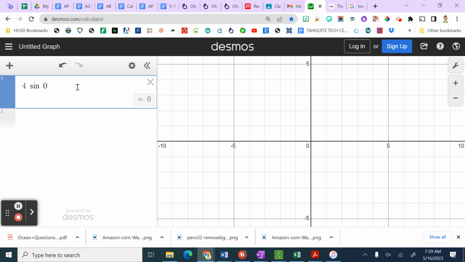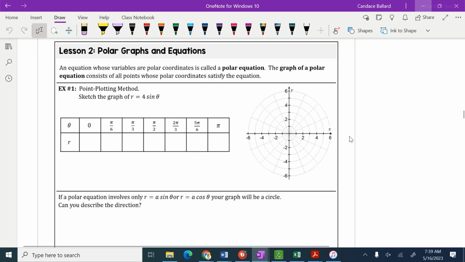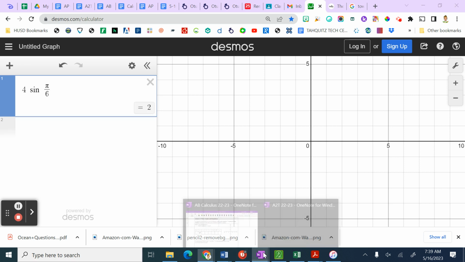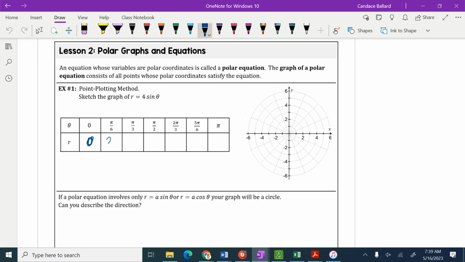I'm going to fill that in my table, okay? So come back here, and we're going to put 0 in our table because that's what we got when we put in 0, okay? All right, let's do pi over 6 next. So all I'm going to do is replace that 0 with pi divided by 6. I got 2. All right, now I'm going to do pi divided by 3.